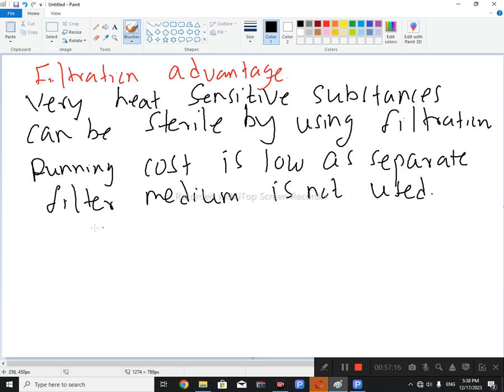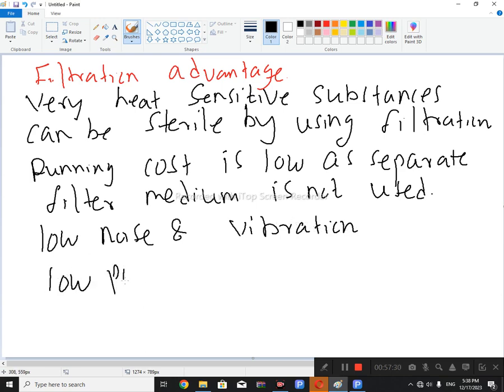Low noise and vibration, low power required.